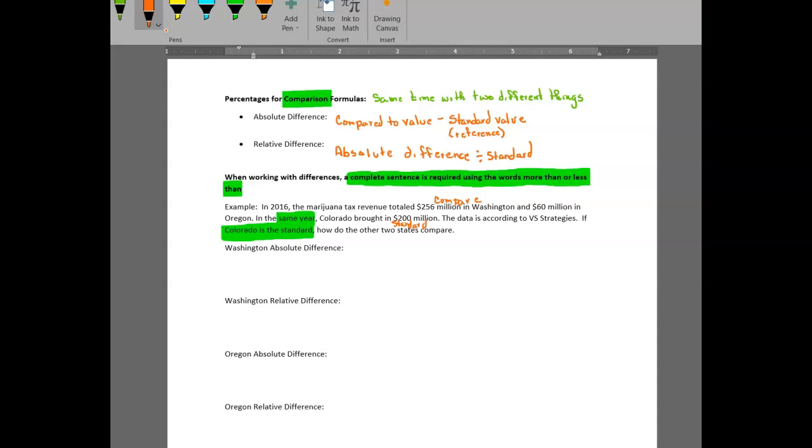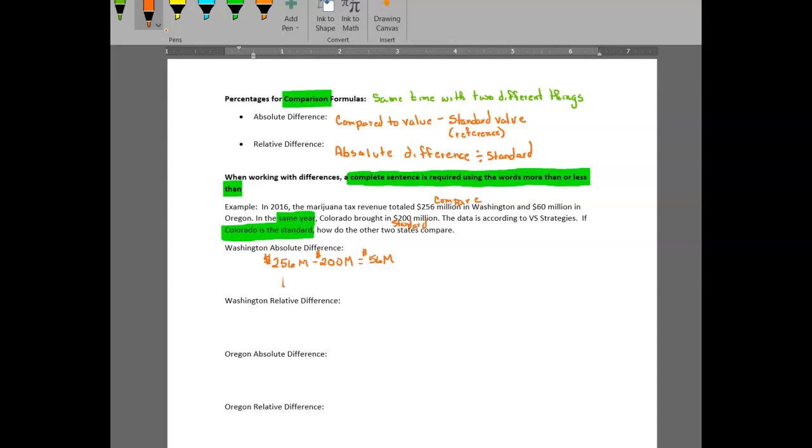Okay, so we're just going to follow this. We're going to have 256 million minus 200 million. And so that equals $56 million. But now again, it's not an increase. We haven't changed from one time to another. We're comparing two things.